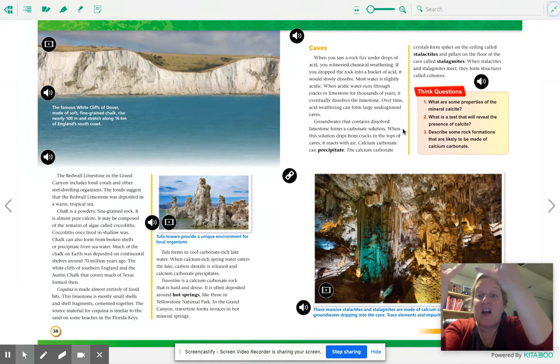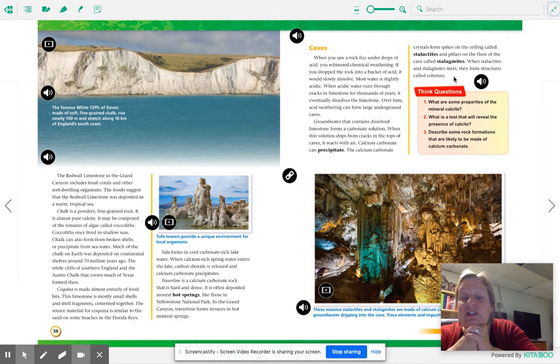The solid comes out of the liquid from the gas reaction. The calcium carbonate crystals form spikes on the ceiling called stalactites and pillars on the floor called stalagmites. When the stalactites and stalagmites meet, they form structures called columns.